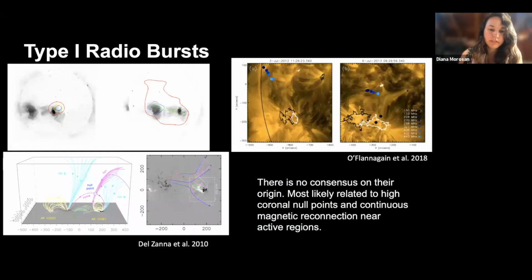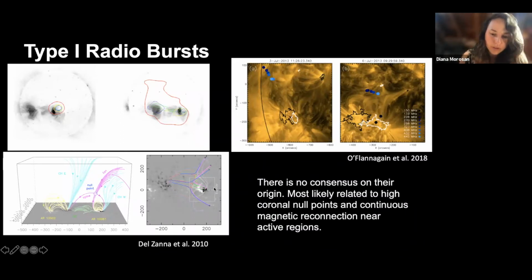And regarding their origin, it's very, very much unclear. So they're observed on top of active regions. They can accompany them for days. And only recent studies have looked into a bit more detail. So for example, if you do coronal magnetic field extrapolations, like in this study here, they found this type 1 to be associated with magnetic fields that are oriented in such a way that they produce really high coronal null points, because the type 1 is also quite high compared to other flaring processes.